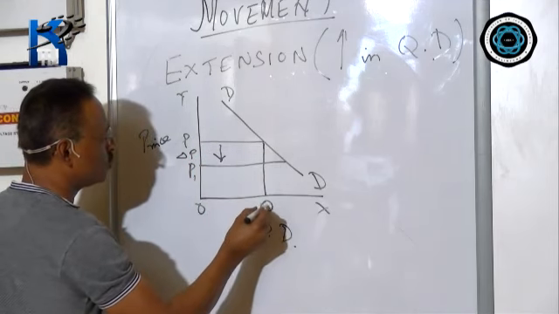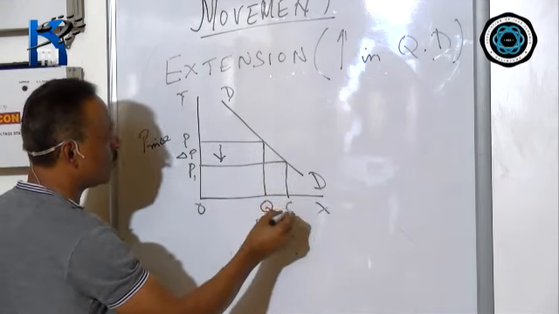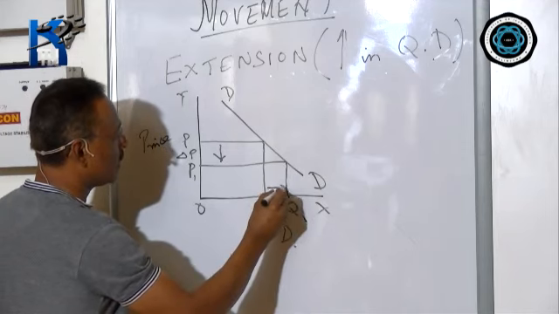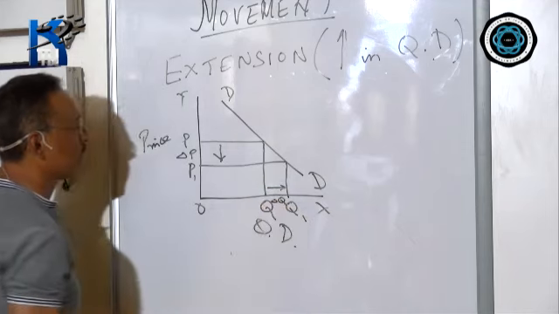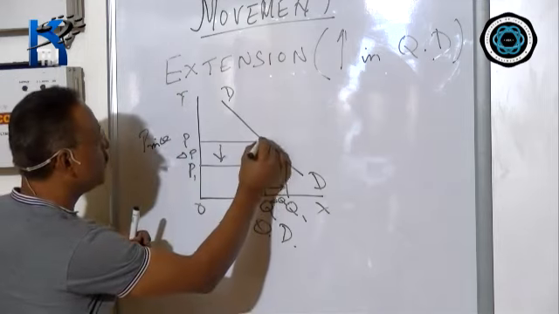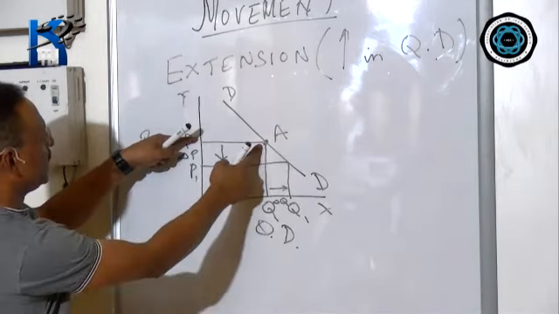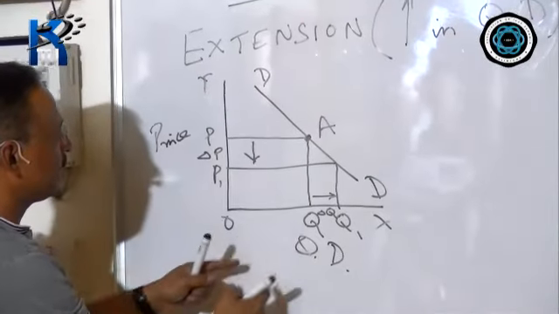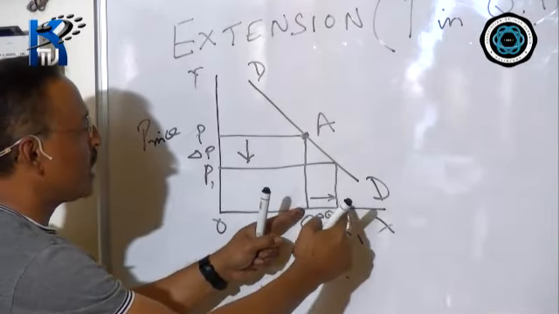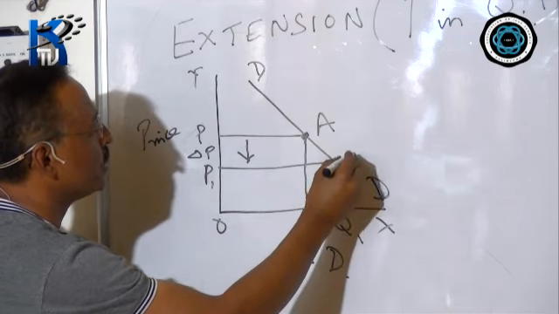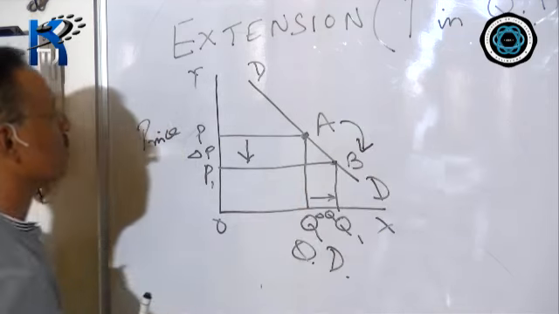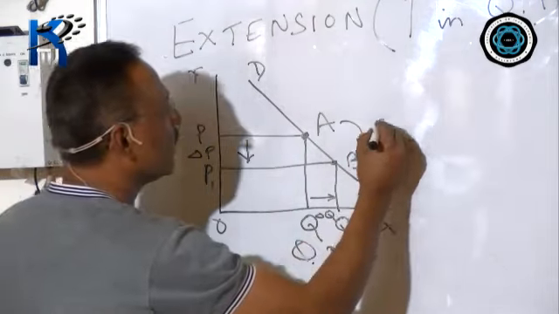You are at Q, now Q1. Delta Q. So, earlier you were here at A. Price, quantity at A. Price decreased. There was an increase in the quantity demanded. So, your final point is B. This is extension.